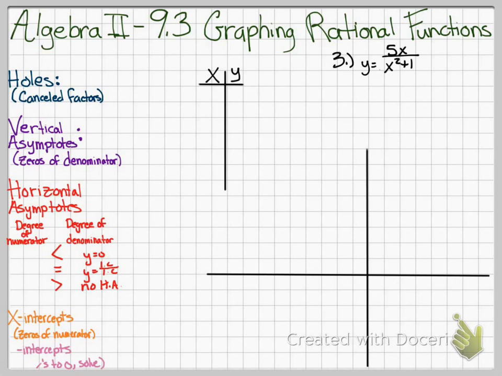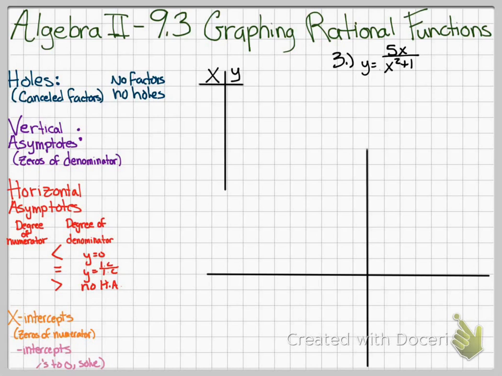So x squared plus 1 cannot be factored. Well, hey, if it can't be factored, then we know something already. We know that there are no holes because there's no way we can cancel anything out. So no factors, no holes. All right, one thing down. All right, vertical asymptotes.